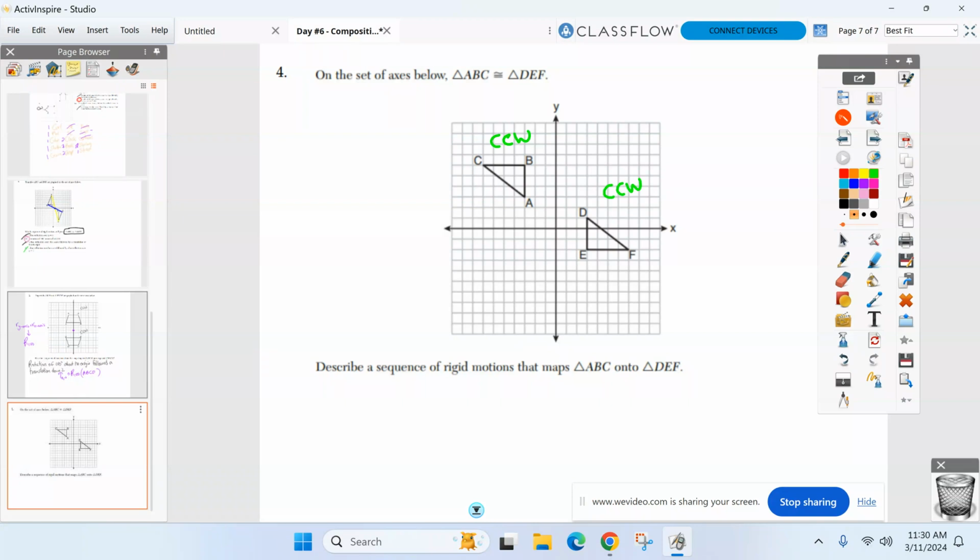Make sure it works for all 3 vertices, not just A to D. Words or composition notation is fine.